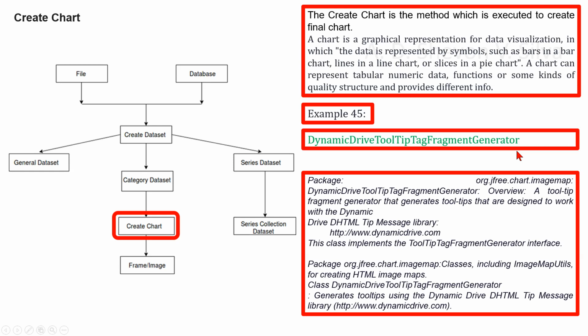This class implements the ToolTipTagFragmentGenerator interface. Package org.jfree.chart.imagemap: classes including ImageMapUtilities for creating HTML image maps. Class DynamicDriveToolTipTagFragmentGenerator generates tooltips using the Dynamic Drive DHTML tip message library.